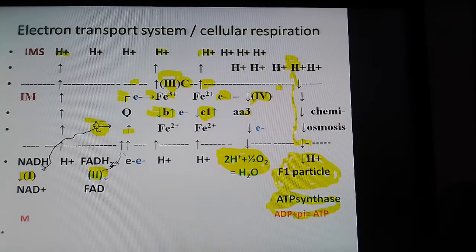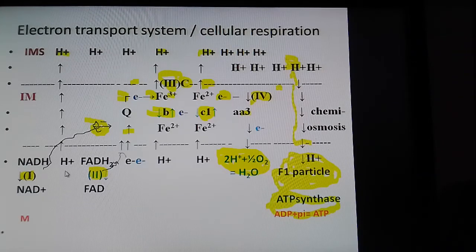Now during the movement of this electron, there is the production of energy which will be enabling the H+ protons available in this matrix region to move into the intermembrane space through the inner membrane.